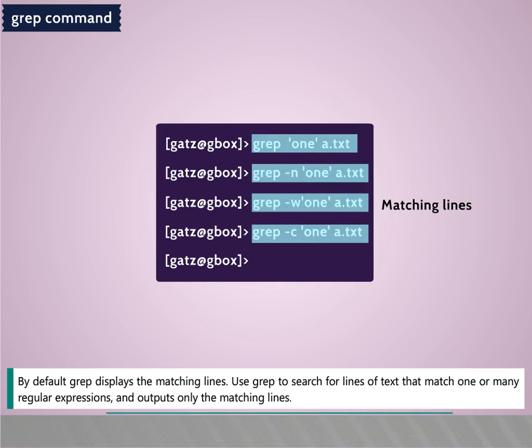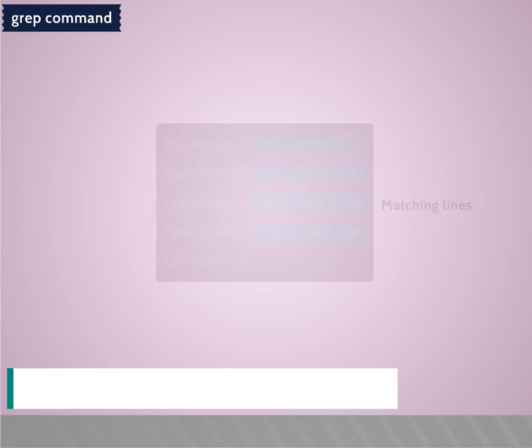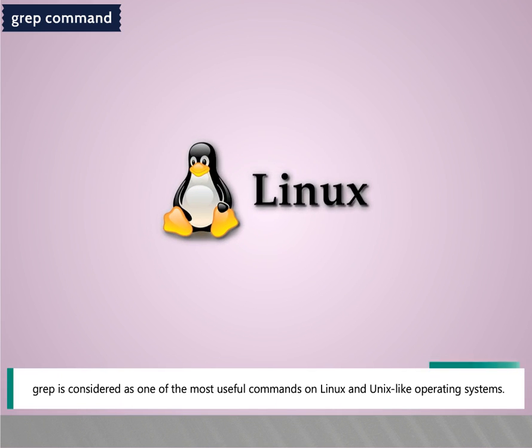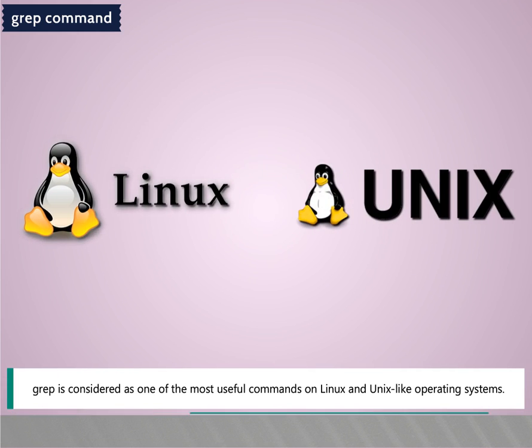Use grep to search for lines of text that match one or many regular expressions and outputs only the matching lines. grep is considered one of the most useful commands on Linux and Unix-like operating systems.